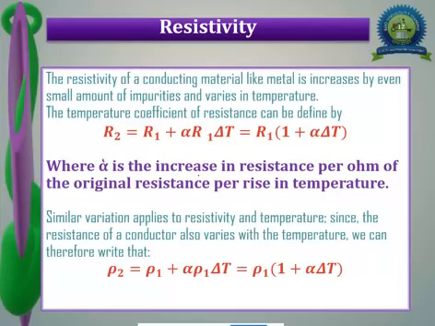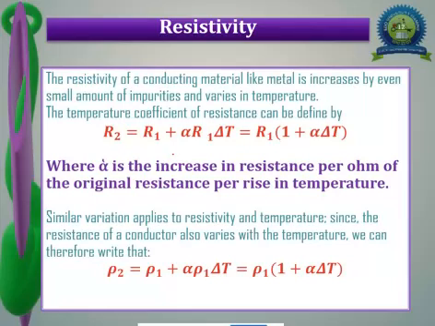Alpha is the increase in resistance per ohm of the original resistance per rise in temperature. And delta T is the change in temperature.